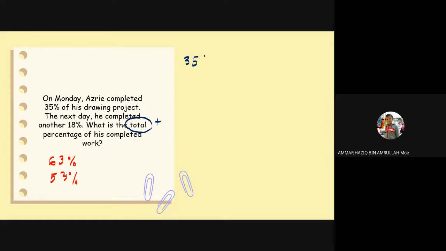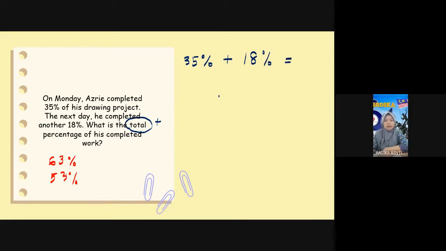35% plus 18%. How do you count? By using what? Normal form. Yes, normal form. Very good.